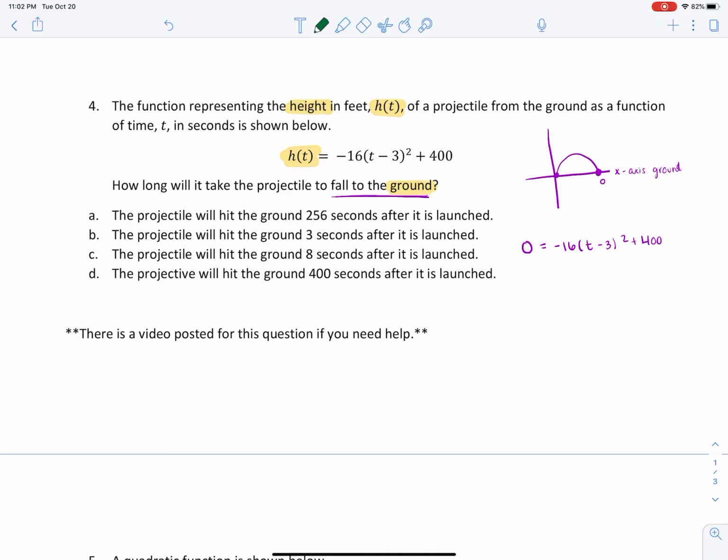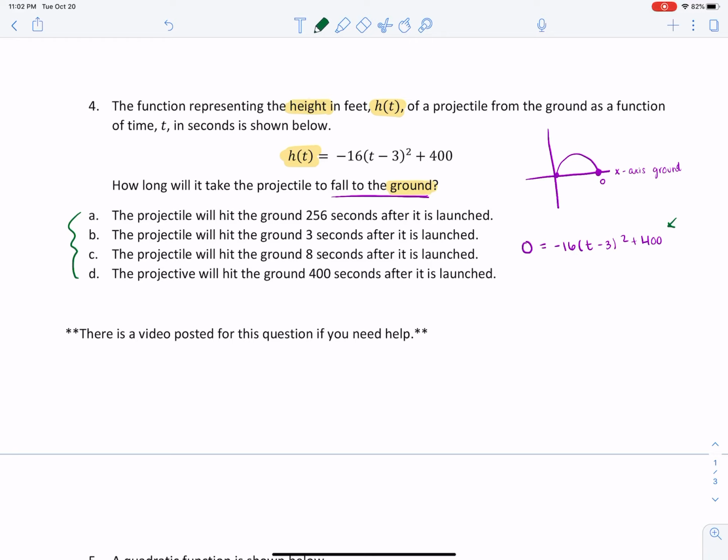Now, there is a way to solve this, but I haven't quite taught you all of the ins and outs of solving this particular equation yet. So instead, we're going to use the answer choices to help us. And that's a really good skill to have, especially when you take an SAT or any other multiple choice test, to be able to use the answer choices.